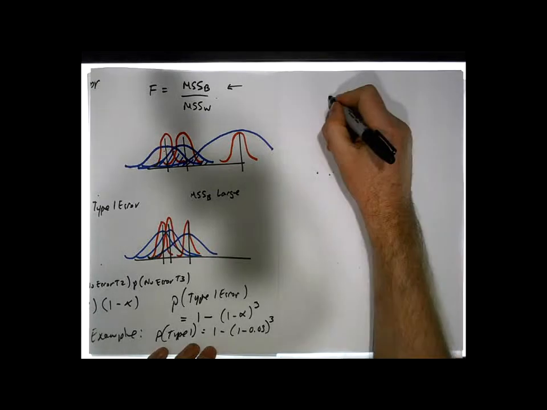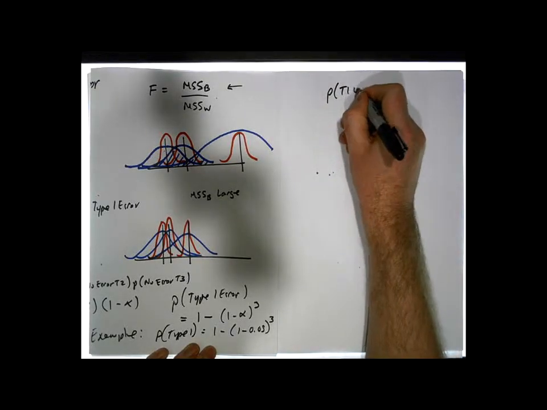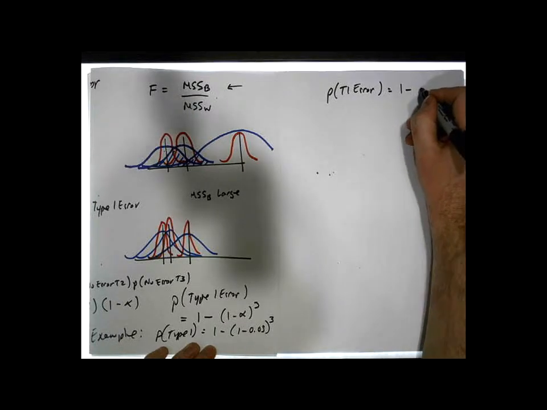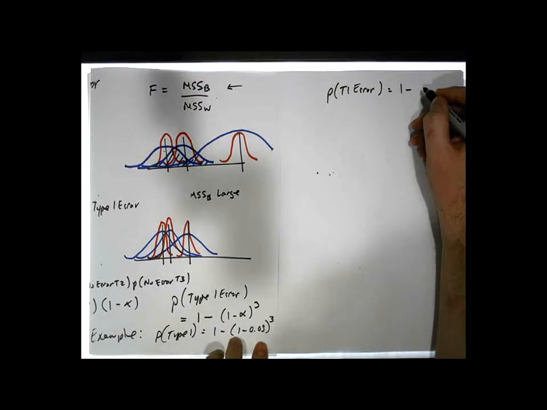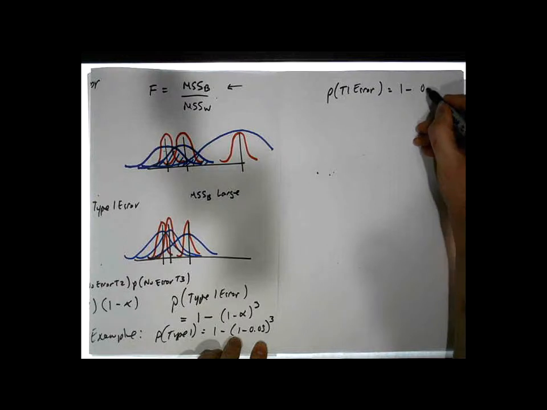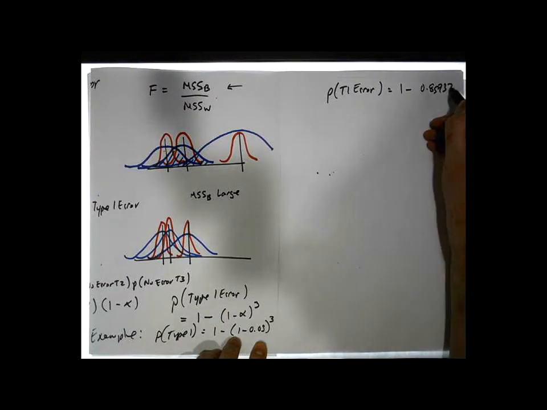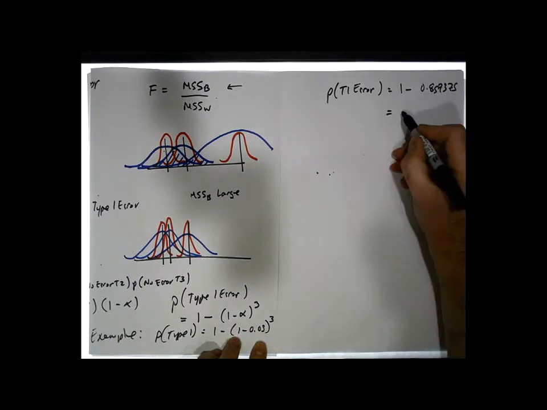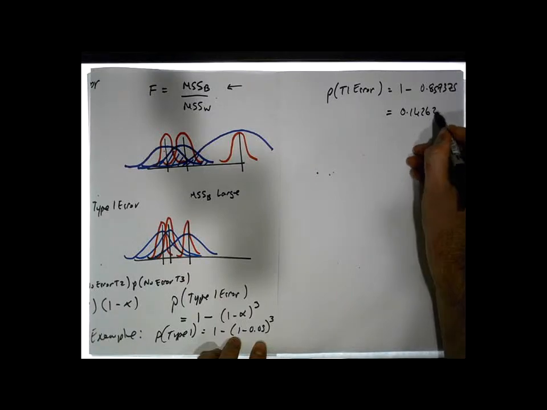So what we now have is the probability of a T1 error, type 1 error, is equal to 1 minus 0.95 cubed, which is 0.857375. If I just take 1 away from that and change my sign, it gives me 0.142625.